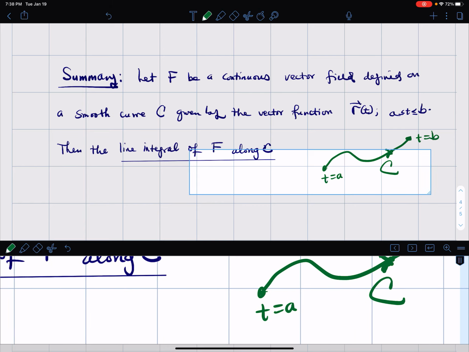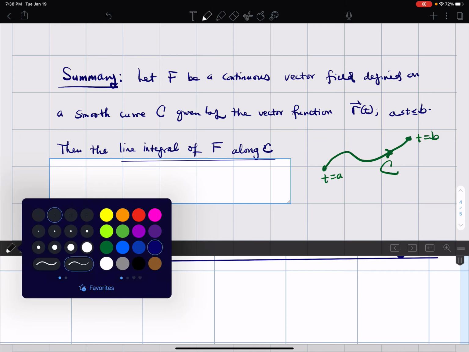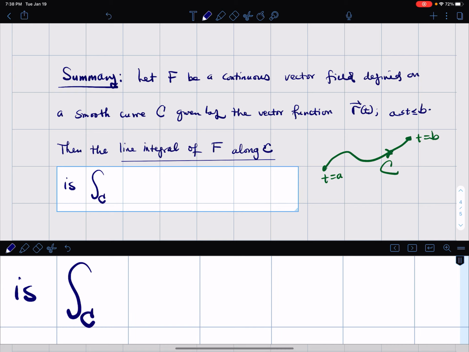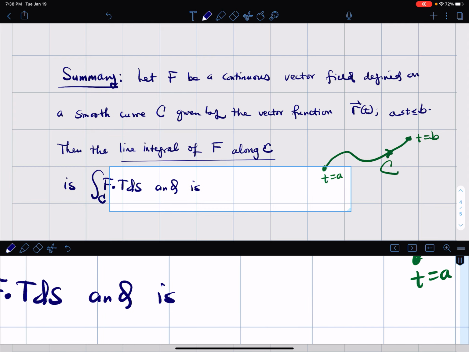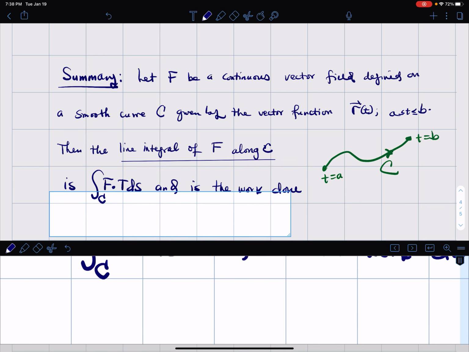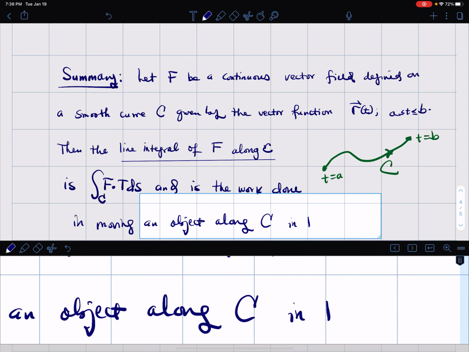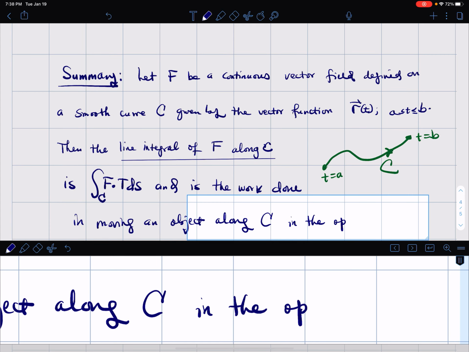But it turns out that this line integral actually means something. First of all, its notation is the integral of f dot T ds. This line integral is actually the work done in moving an object along C in the positive direction.